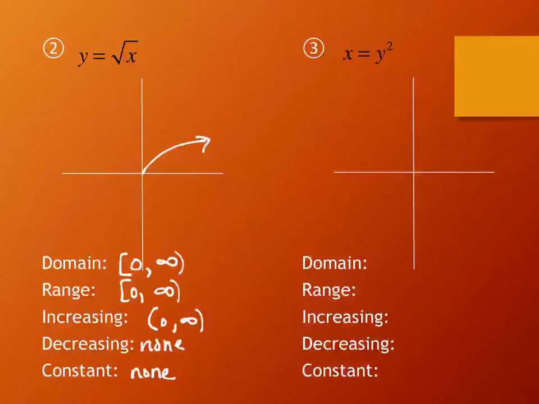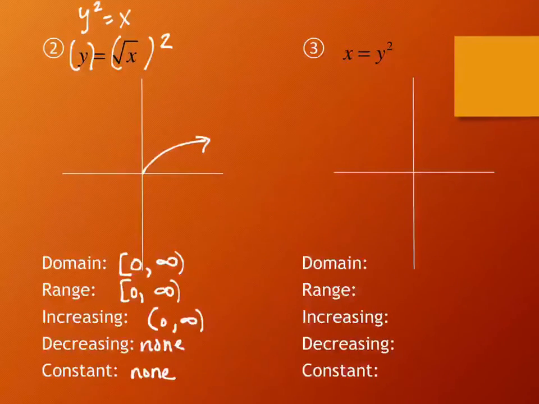Okay. Number 3 says x equals y squared. Check this out. If I were to square both sides of this equation, what would I get? Yeah, I would get y squared equals x, or x equals y squared, right? I would get this equation.